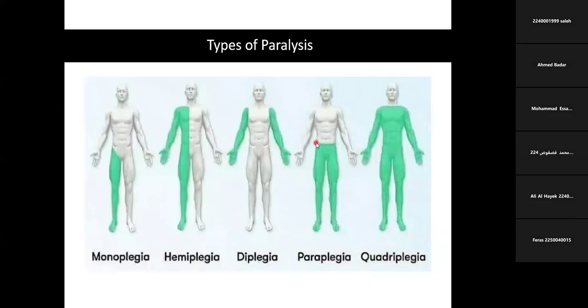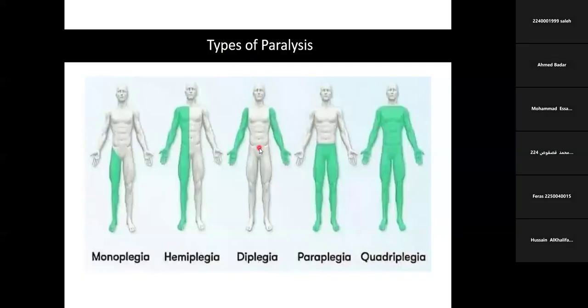It is possible that all the muscles below the abdomen, or all the muscles below the pelvis, are not working. This is called paraplegia. And it is possible that everything below the neck is not working, not wahid, not ithnain, not thalatha. It is four, arba, quadriplegia. Wahid, ithnain, thalatha, arba. So quadriplegia.